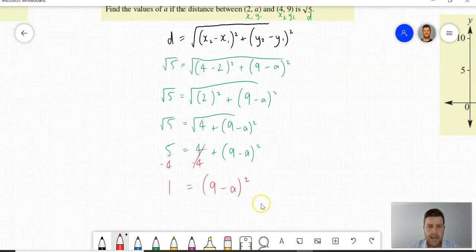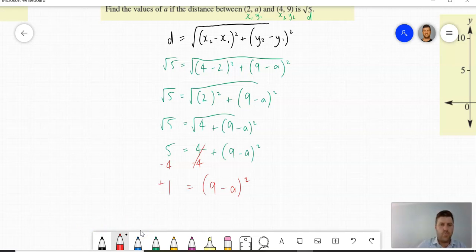I have to get rid of the square from this right-hand side. I can just find the square root of that side, which means I need to find the square root of 1 over here. So this is a little bit complicated, but the square root of 1 is positive or negative 1.